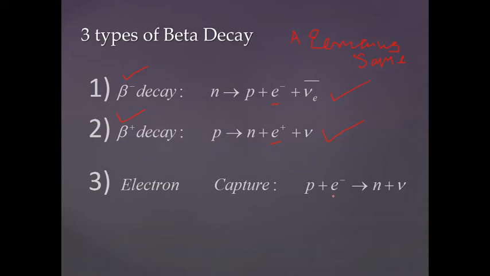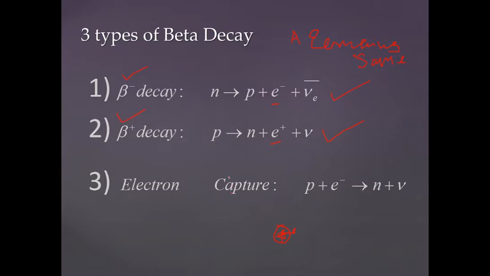This is the nucleus, and if an electron is somewhere here orbiting around the nucleus, then the chances are that it can be captured by the field of the nucleus, and the proton can get converted into a neutron.